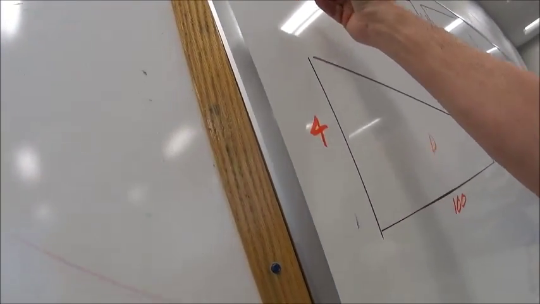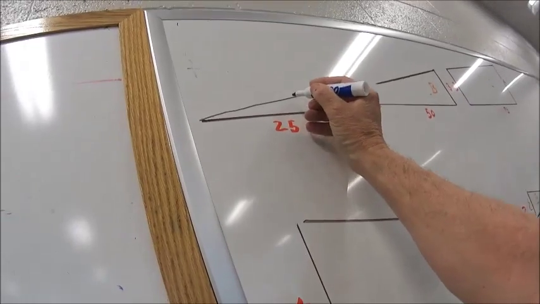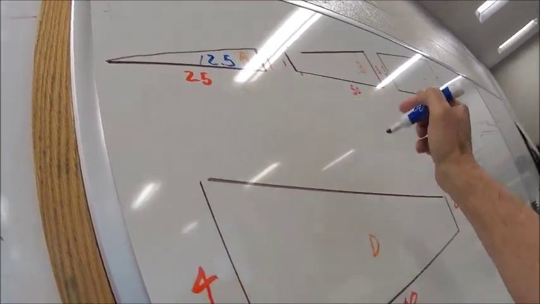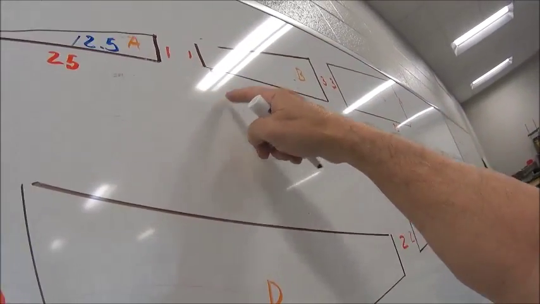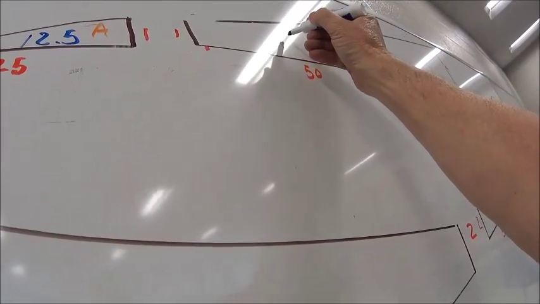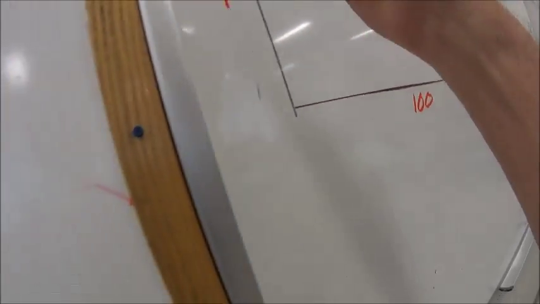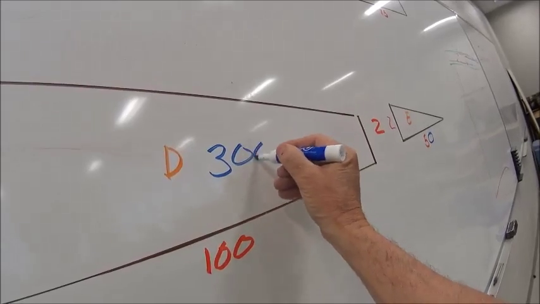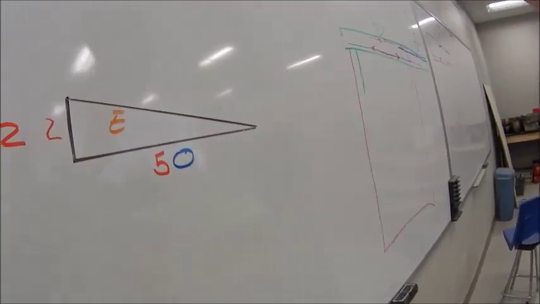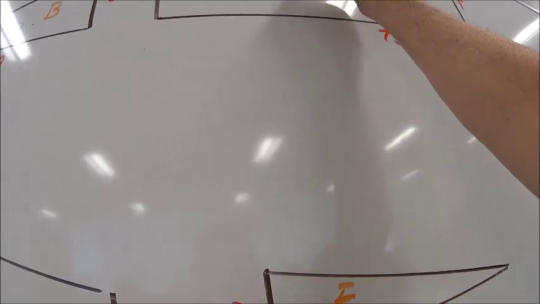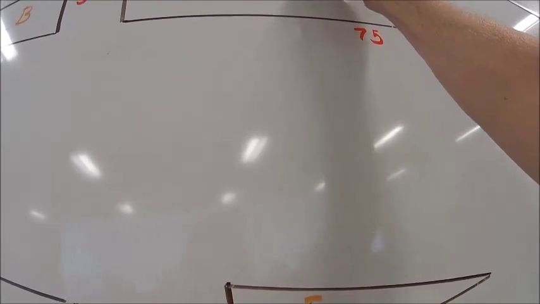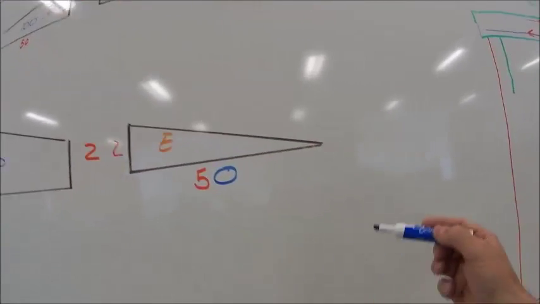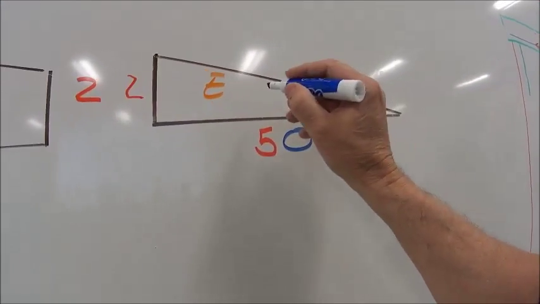Okay, this was 125, this was 12.5. Okay, what was this one? 2 times 50, that one was 100. This one is 3 times 100, this one is 300. Up here is what? 262.5. Would get one crazy number up there. Okay, and this was 2 times 50, 100 divided by 2, which is 50, right?